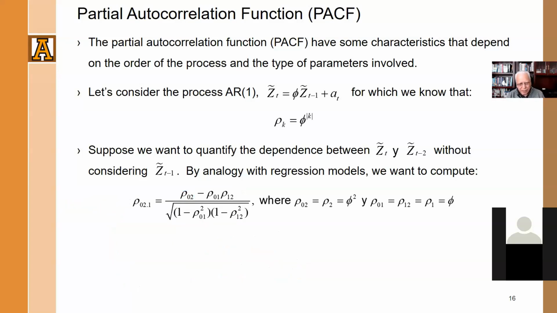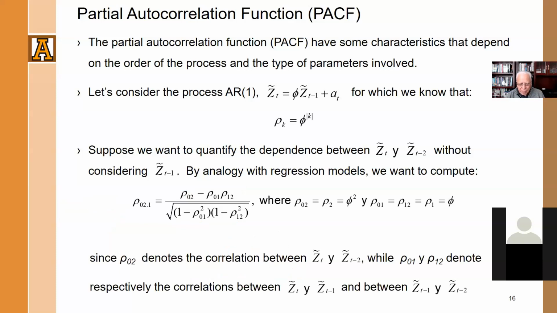So rho_{02} is the autocorrelation between Z_t and Z_{t-2}, and rho_{01} and rho_{12} denote the correlations between Z_t and Z_{t-1}, and Z_{t-1} and Z_{t-2}, as I just wrote.